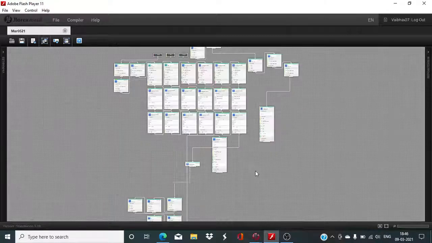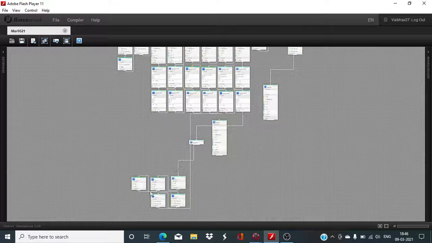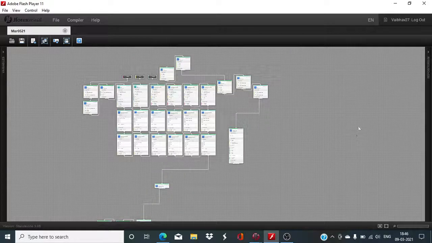So we are now done with both the sides, buy as well as sell.